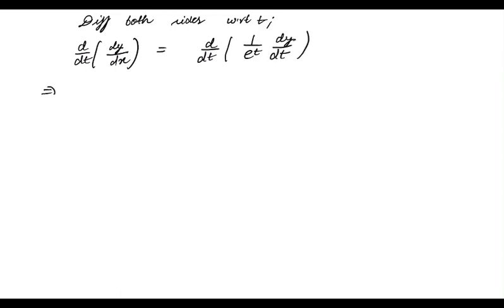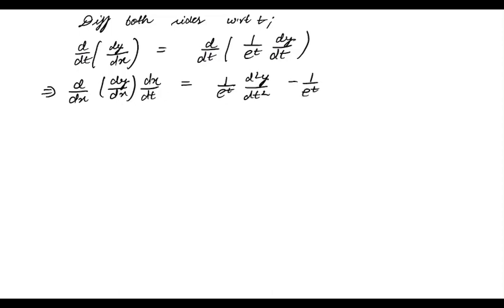Now we can again invoke chain rule here and write LHS as d by dx of dy by dx times dx by dt. So this is using chain rule, and this we can differentiate using product rule. 1 by et d2y by dt square. Now I'll differentiate 1 by et, so it will give minus 1 by e to the power t dy by dt.